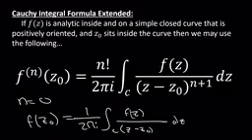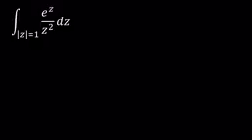But we can take a look at where the extended Cauchy integral formula is really beneficial for us. So here we have a very similar example to one that we did before, but now we have z squared. We're integrating about a positively oriented circle at the origin of the complex plane with a radius of 1.